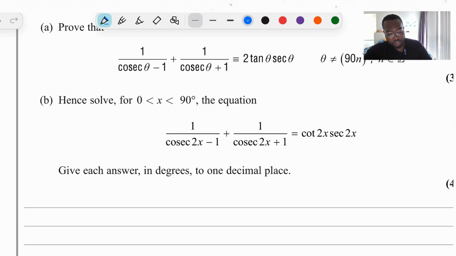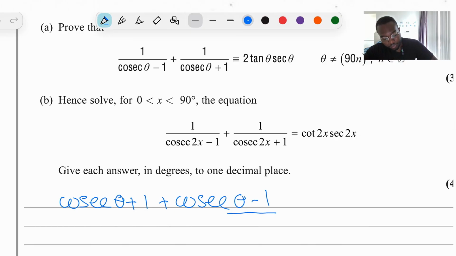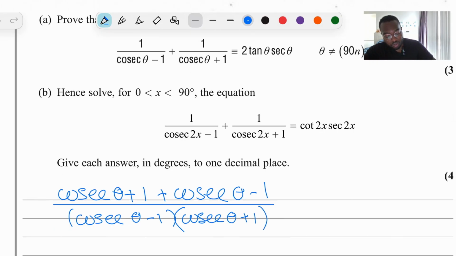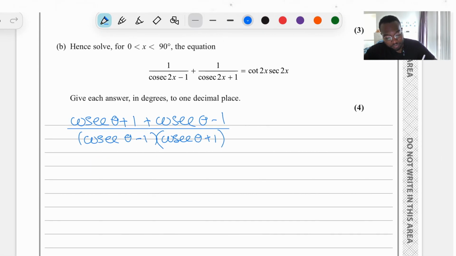If we do that, we would get cosec theta plus 1, I'm just cross multiplying, so cosec theta plus 1 plus cosec theta minus 1, all over cosec theta minus 1 and then cosec theta plus 1. I've just made it all over one single fraction.